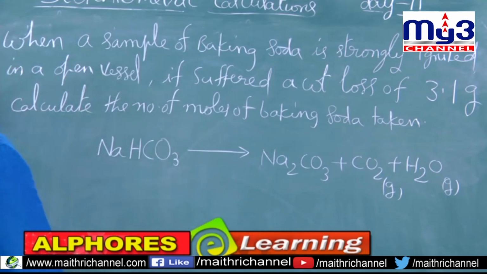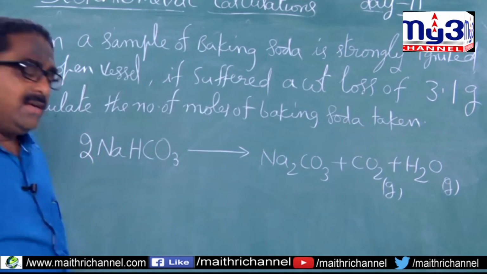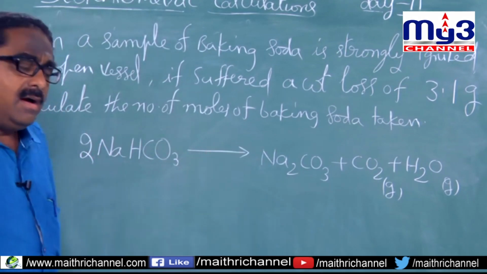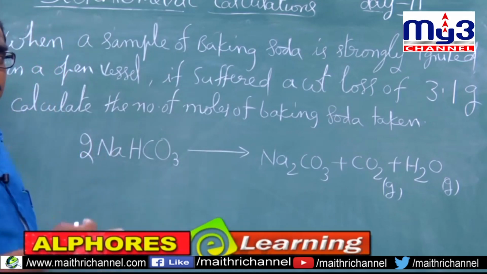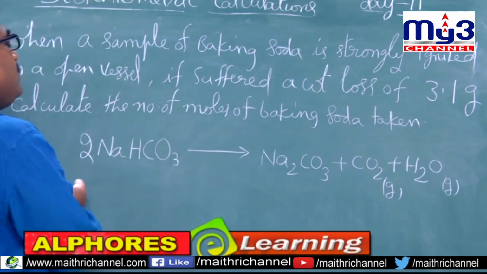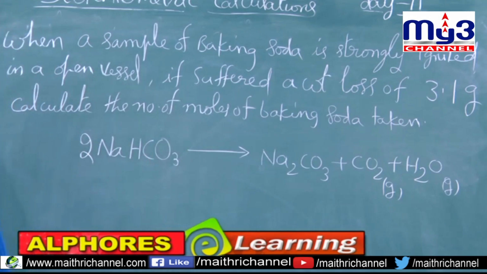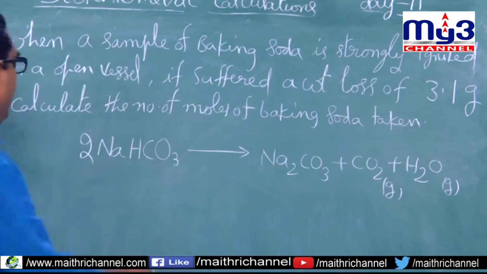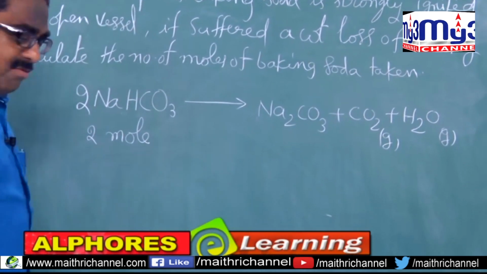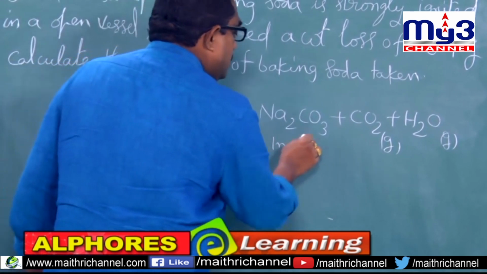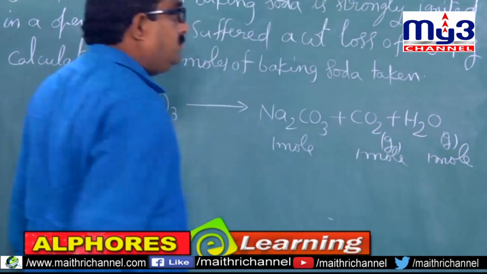Okay. Now I am going to balance this equation. So this is the balanced chemical equation. You will get this knowledge in the first academic year syllabus under the heading of alkali metals and its compounds. Up to that we have to give the equation to you for the calculation. Now according to this balanced chemical equation, 2 moles gives 1 mole, 1 mole and 1 mole.